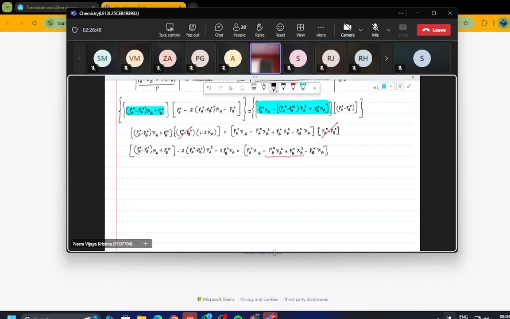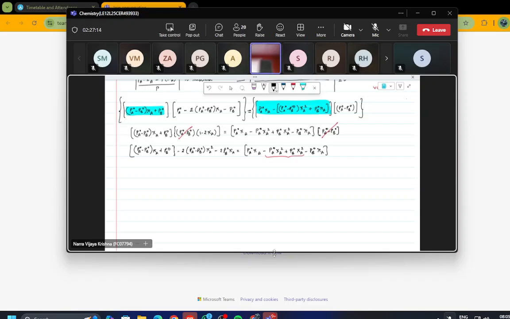If we have one equation and plot a graph between y and x, then what is dy by dx? Slope. Correct? Here I am plotting a graph between YA and XA. How will I get the slope of that graph? dy by dx, the derivative of that equation upon dx.